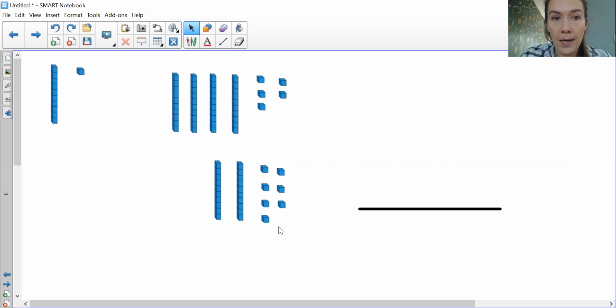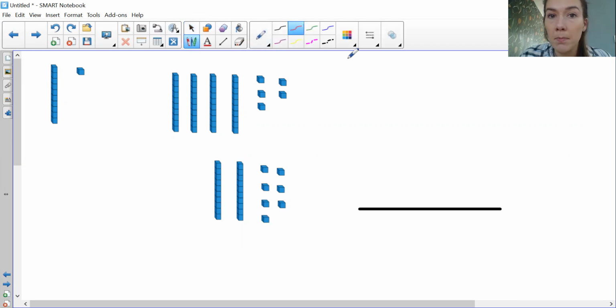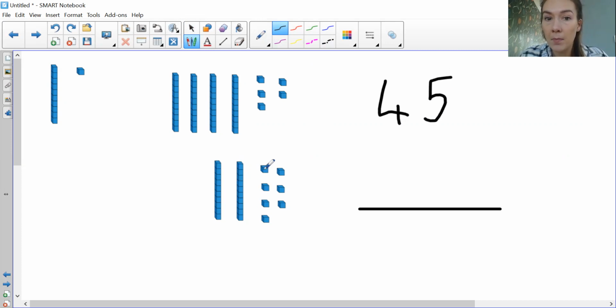Okay, so I have now got 2 different numbers. I've got 10, 20, 30, 40, 5 ones, so I've got 45. Then I've got 20, same as before. However, this time I have got more ones. I've got 2, 4, 6, 7. So that makes 27.